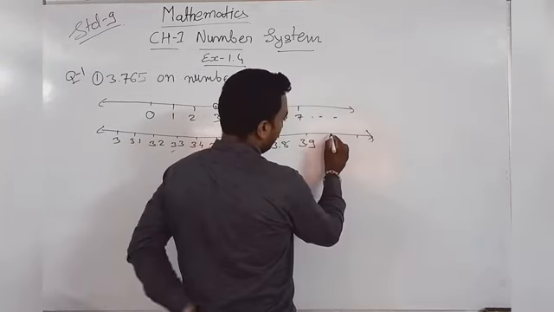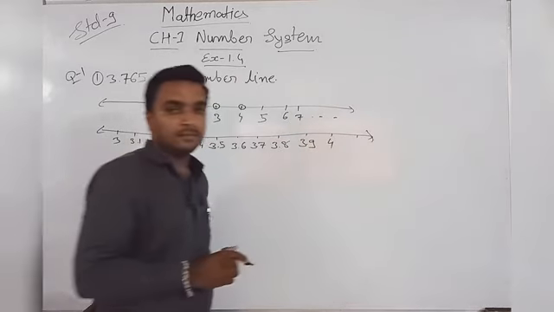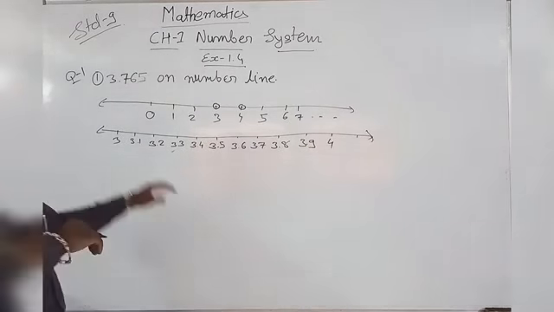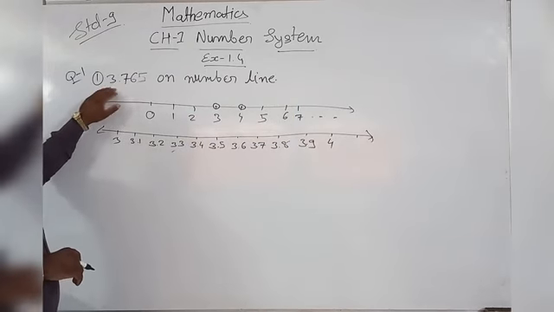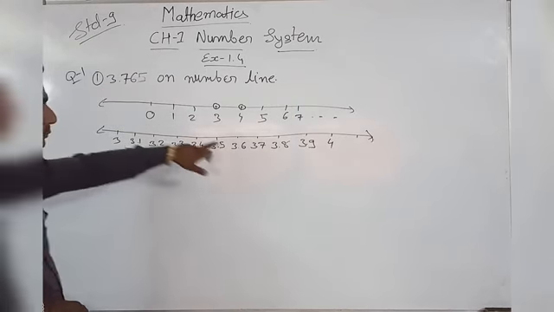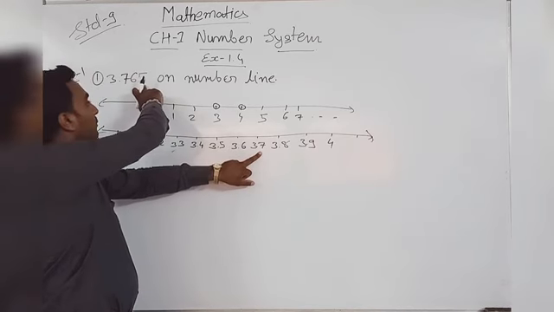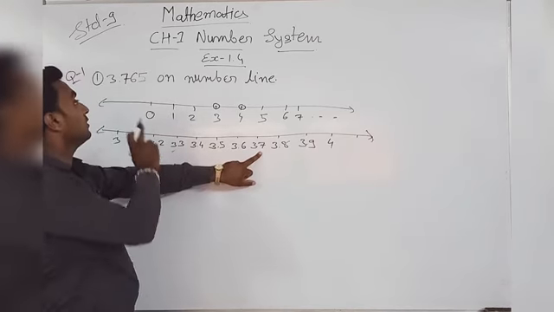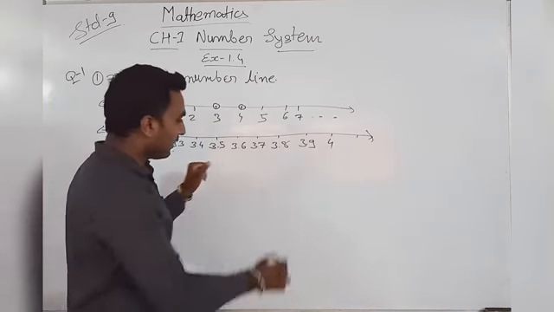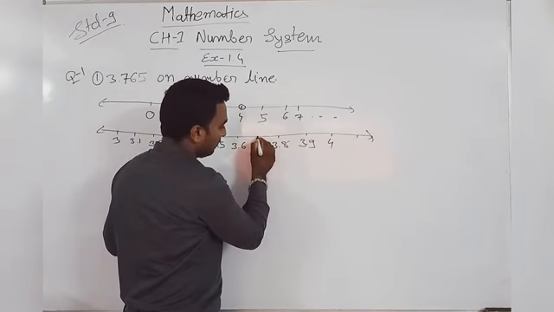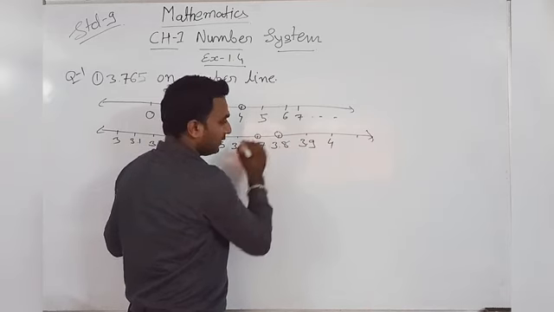Clear? Now see that up to 1 decimal, 3.7 is here, but something is more than 3.7. That is 0.065. So that number lies between 3.7 and 3.8.